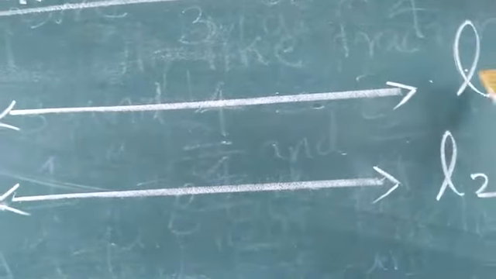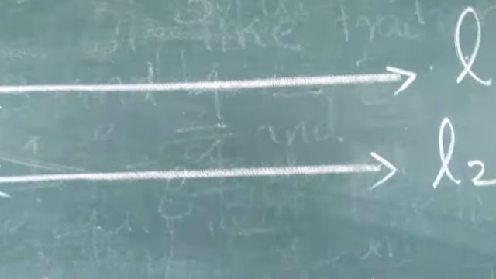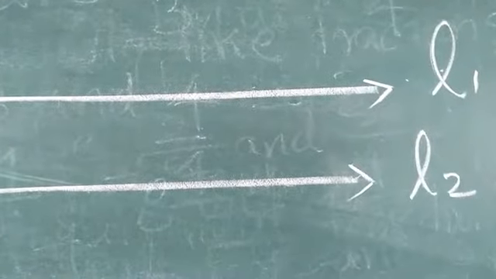Here we can say these L1 and L2 are parallel lines. You can see your classroom window here. These window slits are parallel to each other. Can you see these roads are parallel to each other. They never meet anywhere. So this is an example for parallel lines. Clear the idea of parallel lines?